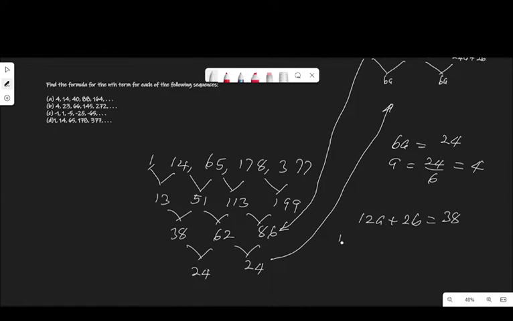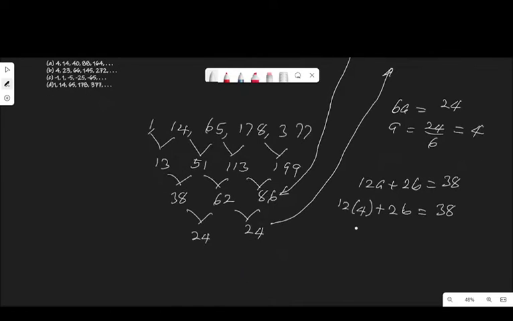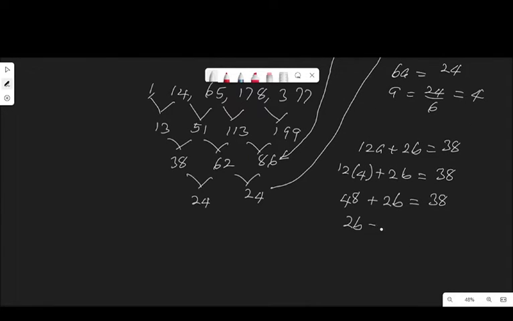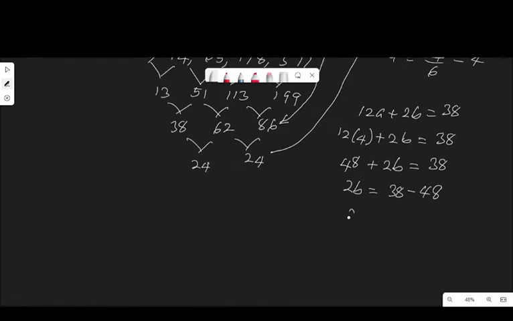And a is 4, so 12 times 4 plus 2b is equal to 38. 12 times 4 is 48, plus 2b equal to 38. 2b therefore is 38 minus 48. 2b is equal to minus 10.